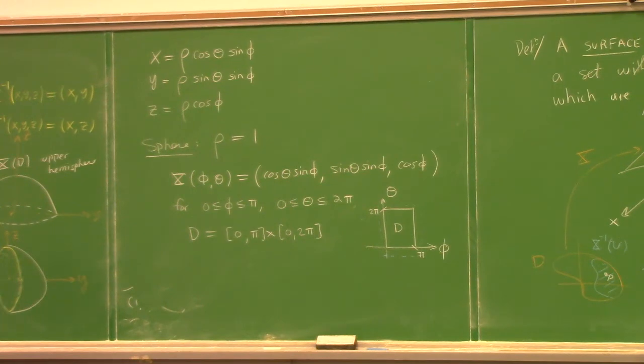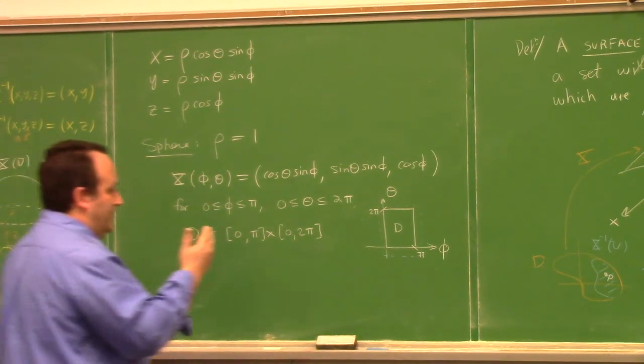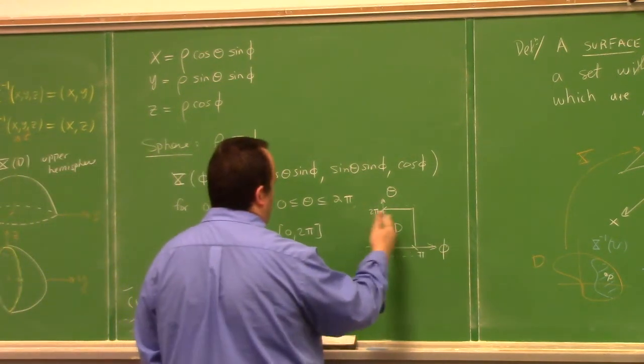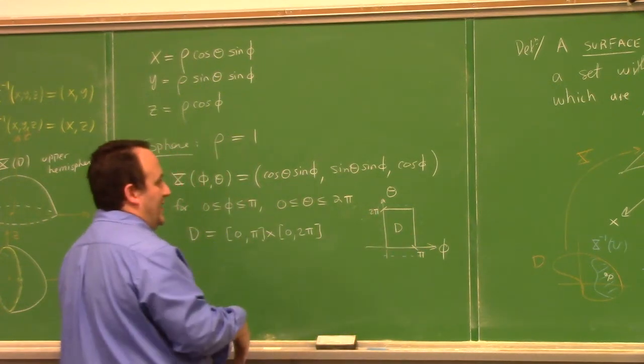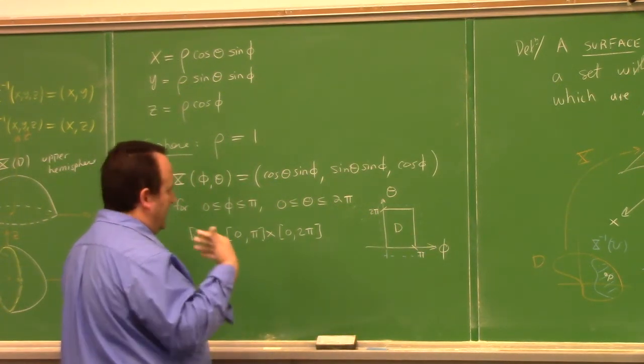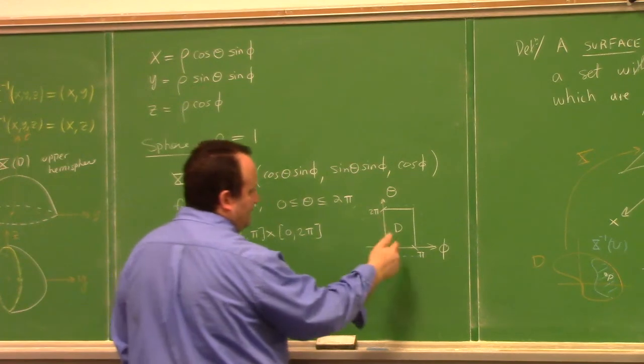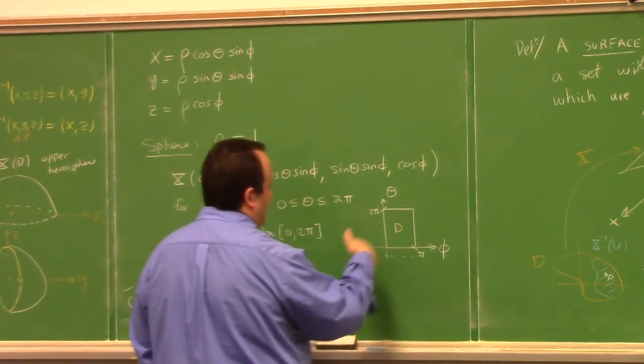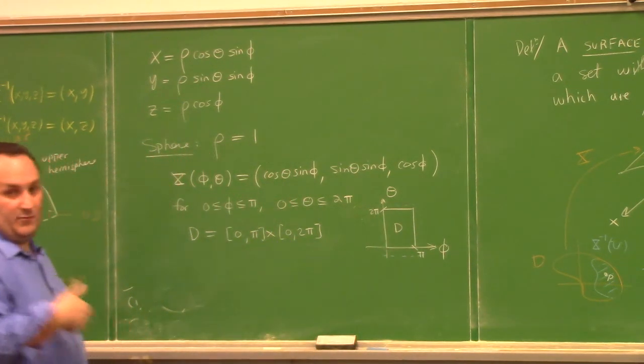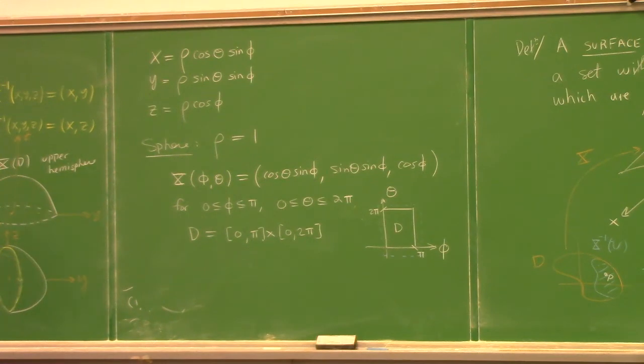If I go beyond pi here, I will circle back. That's what we say now, circle back. I will circle back to the value I already have. It won't be one-to-one. That choice of 0 to pi and 0 to 2 pi covers all of the sphere at least once. In fact, it's already not one-to-one though.